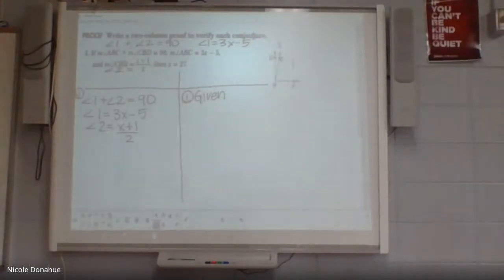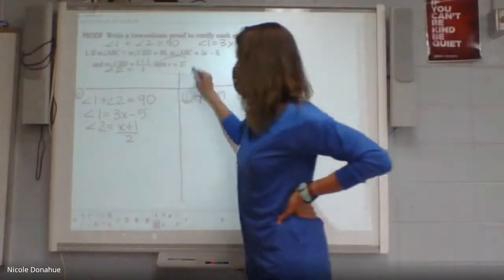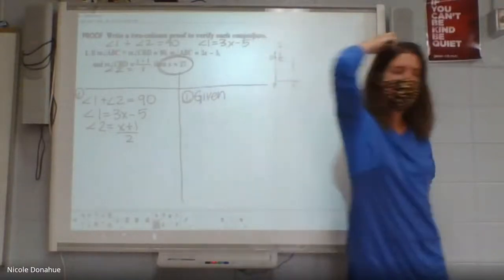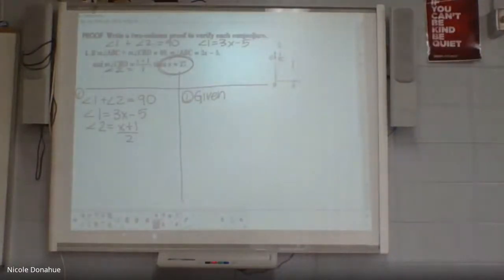Now notice in the proof, they say if, so that's all my given stuff, and then the then is what I'm trying to prove. So they, again, tell me the answer here, but that's not given to me, that's then. So I have to wait on that part. But I can't use the x = 27.